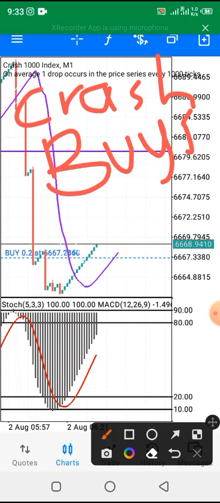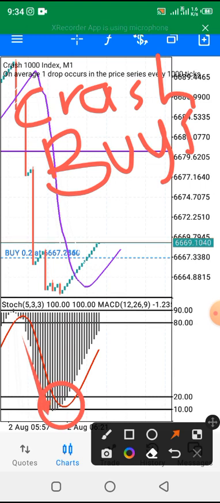Let me show you now. In the stochastic, you can see this region. The MACD, you can see these black lines over here. These are the lines for the MACD.